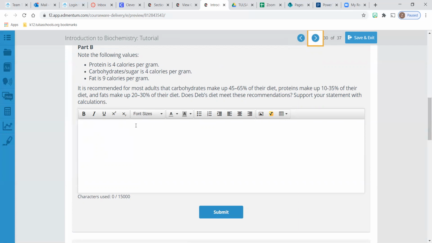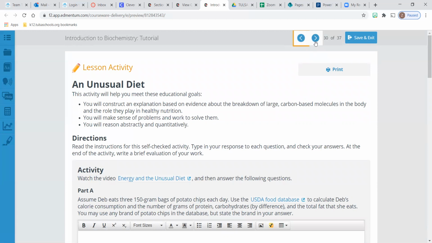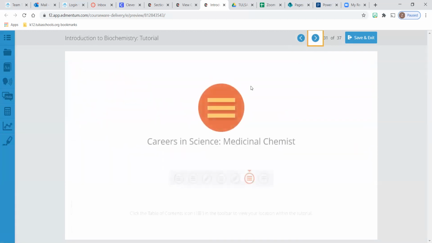So you're going to calculate if Deb eating 3 bags of potato chips corresponds to this. Is this anywhere near what she's eating? My guess is not. There's not a ton of protein in potato chips, but I'll let you do the calculations on your own.